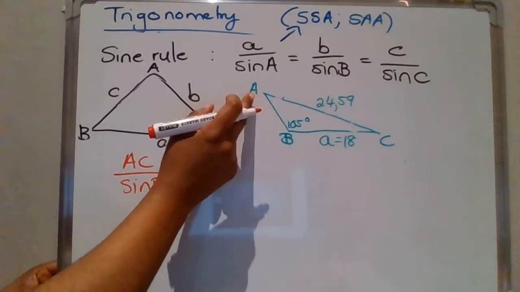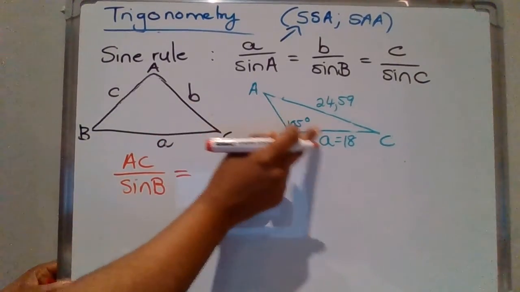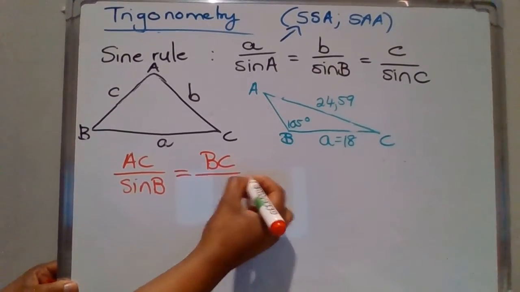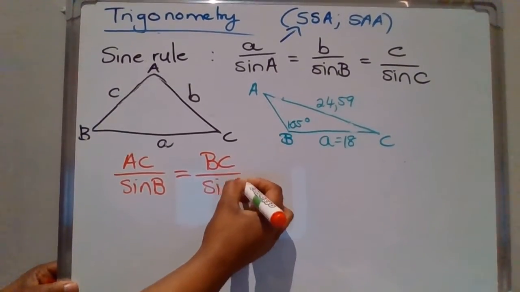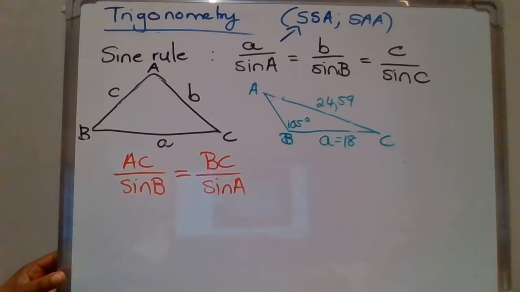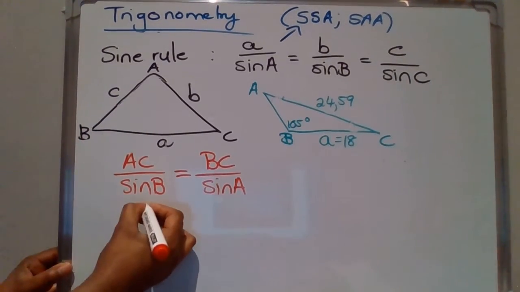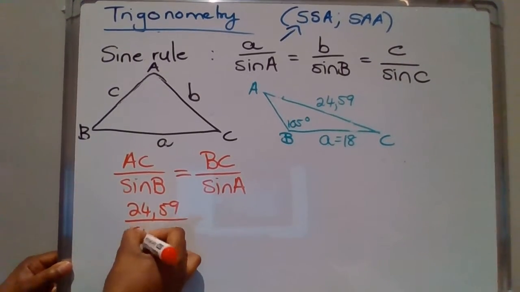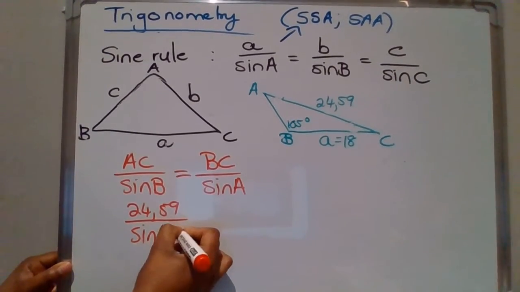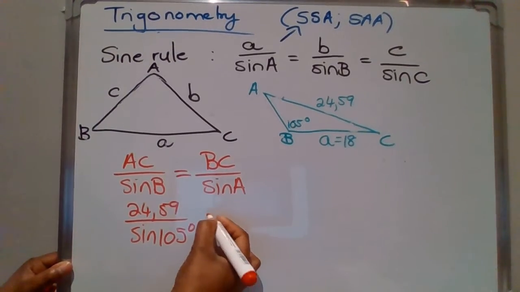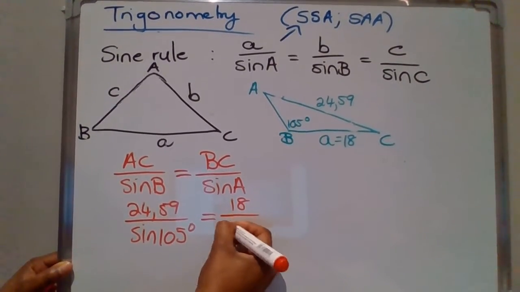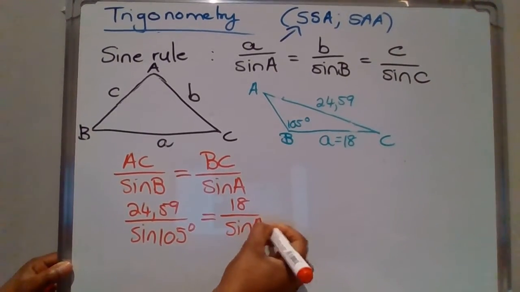I'm trying to find angle A. So I must find its opposite side, which is BC, over sine A. Now let's substitute in the values. I have 24,59 over sine 105 degrees is equal to BC, we know it's 18, over sine A.